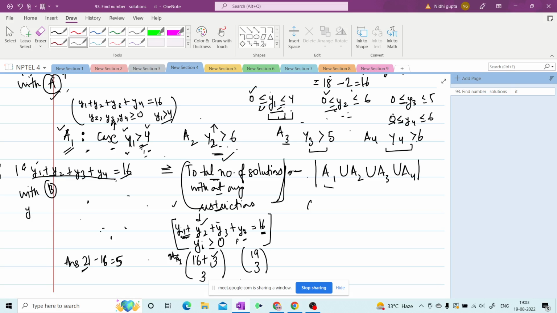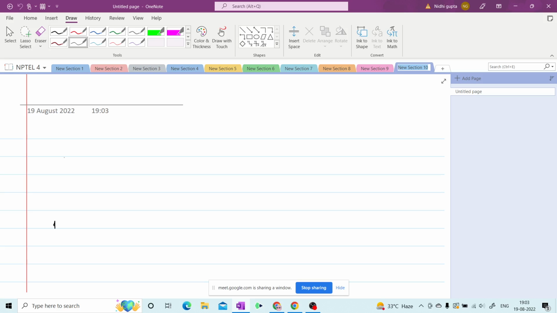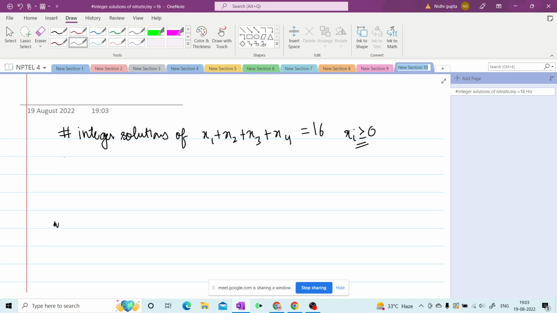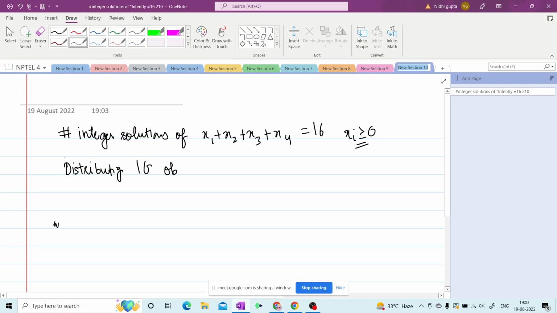So basically, we had 16 laddus. If you want to find the number of integer solutions of x1 plus x2 plus x3 plus x4 equal to 16, where xi are positive, you are basically distributing 16 objects among 4 people.